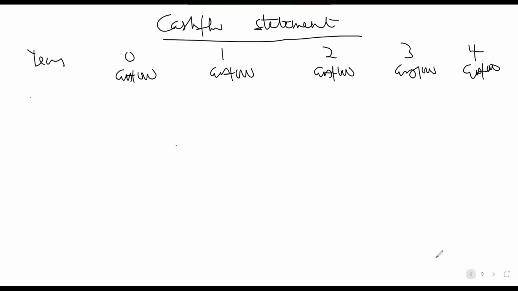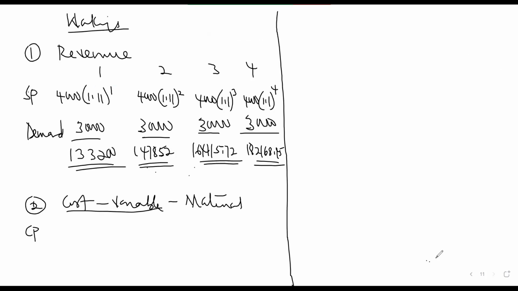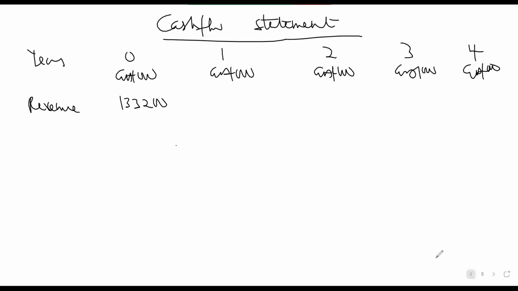Right. So we have the revenue to be 133,200. Okay, the second one is what? 147,852. Sorry, nothing should be under here, 0. So dash, 133,200, 147,852.